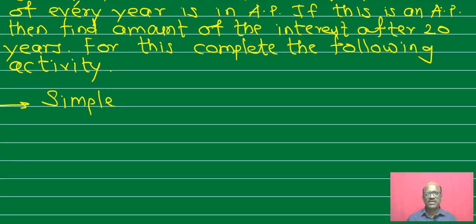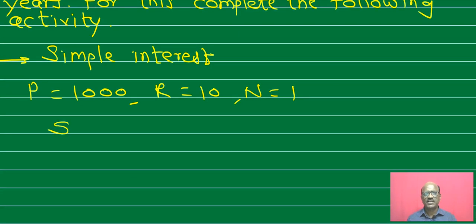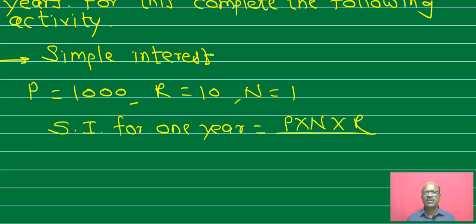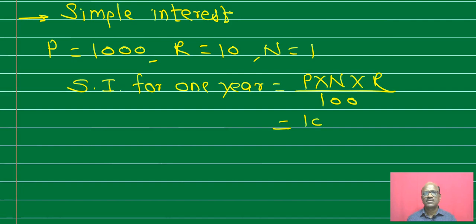Now see this, the simple interest. That is P is equal to 1000, R is equal to 10, N is equal to 1. Therefore, SI, simple interest, is equal to PNR upon 100, that is 1000 into 1 into 10 upon 100, that is equal to 100.